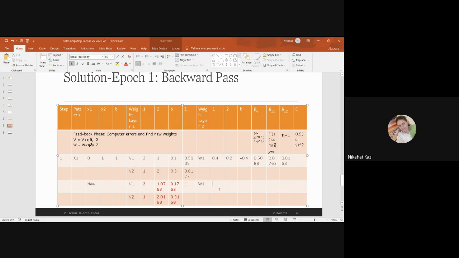Similarly, W1. W1 will be eta times delta y times z. Delta y is a single value that you have. So simply that multiplied by the input vector z.